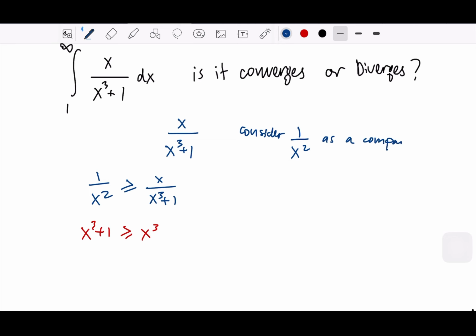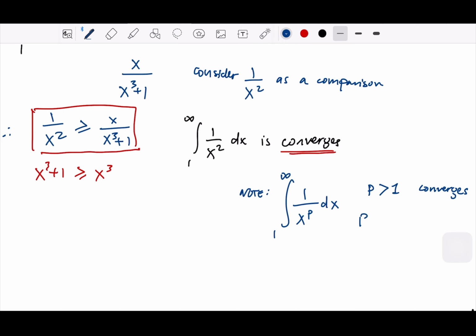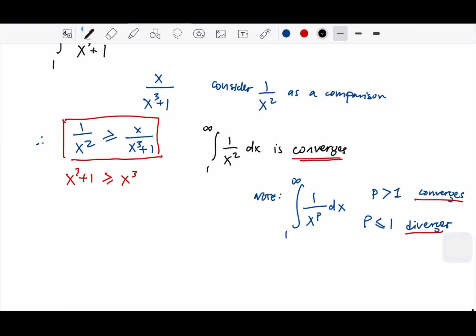Remember, let me write notes here. Note that when we have the integral from 1 to infinity, if p is greater than 1, then it will converge. If p is less than or equal to 1, this will diverge. This is from yesterday's class.